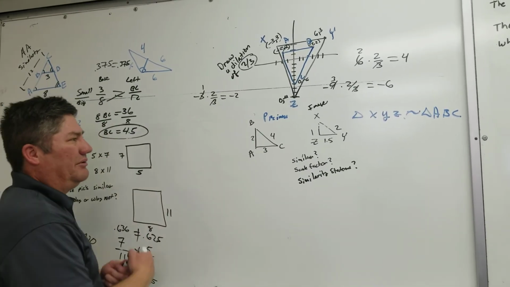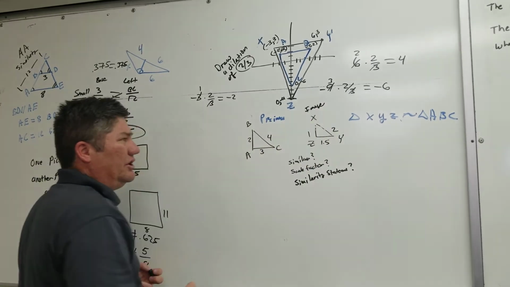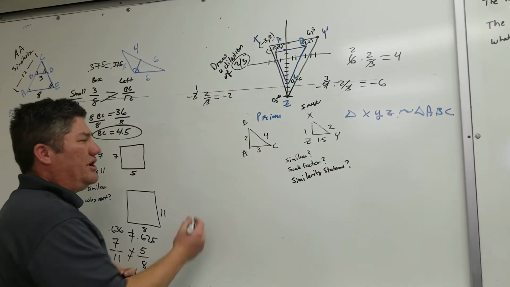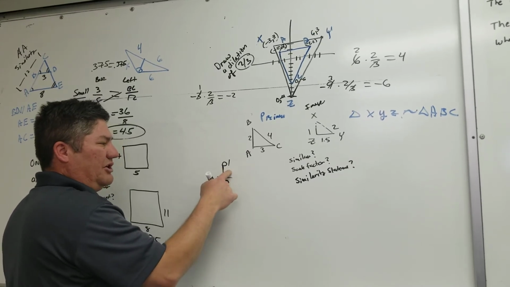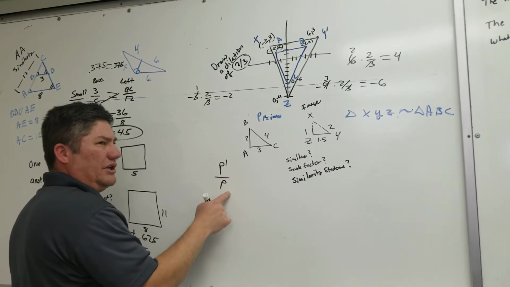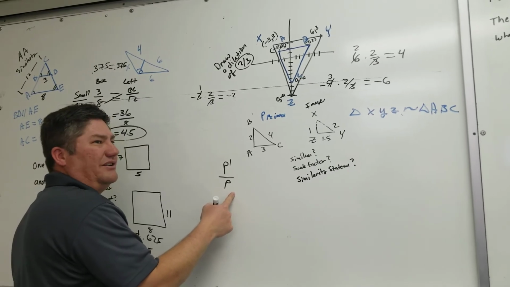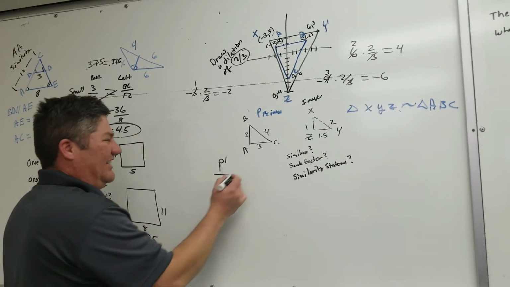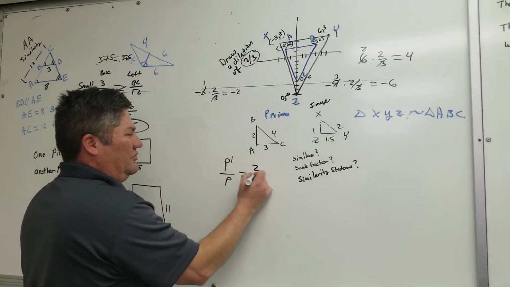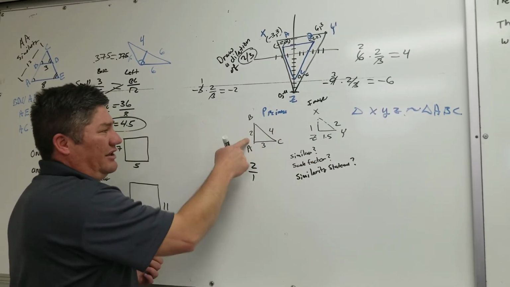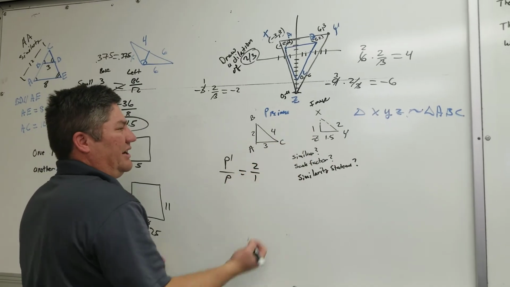What should happen? Again, pre-image to image, okay, you always want to start with the pre-image on top. So this means pre-image to image. Is that the way we did it? Yeah, that's the way we did it. So this is going to be pre-image to image on the bottom. So this is going to be 2 to 1, smallest side here, smallest side here.